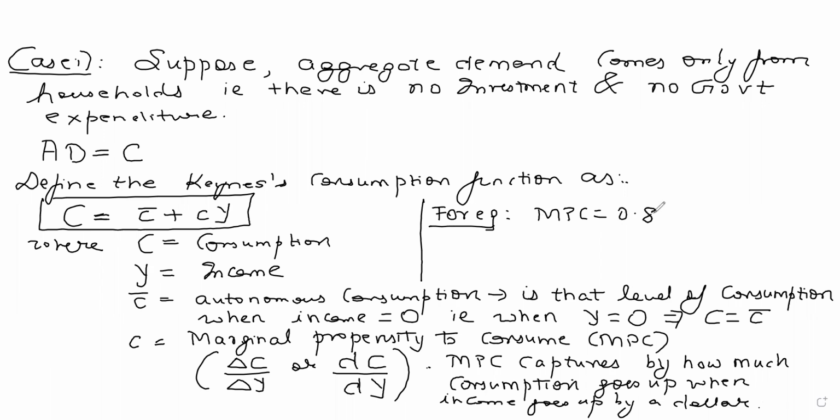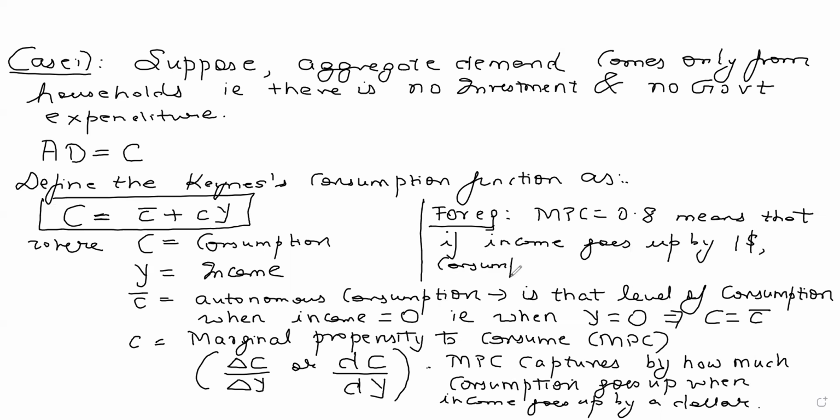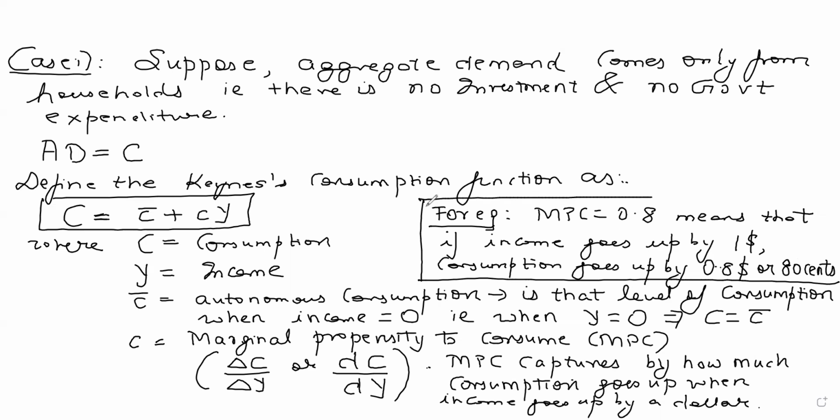MPC equal to 0.8 means that if the income goes up by $1, consumption goes up by $0.8 or 80 cents.